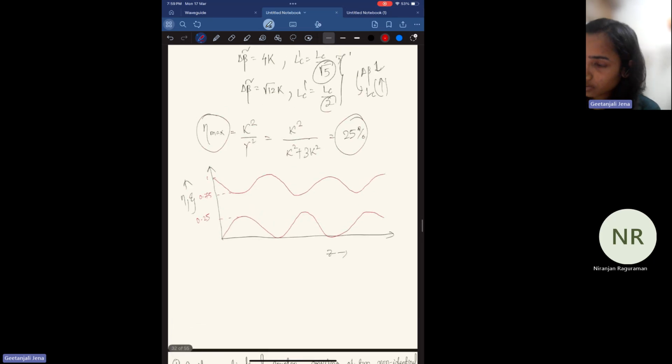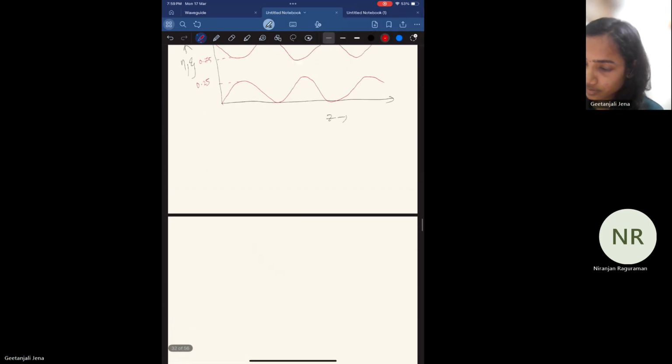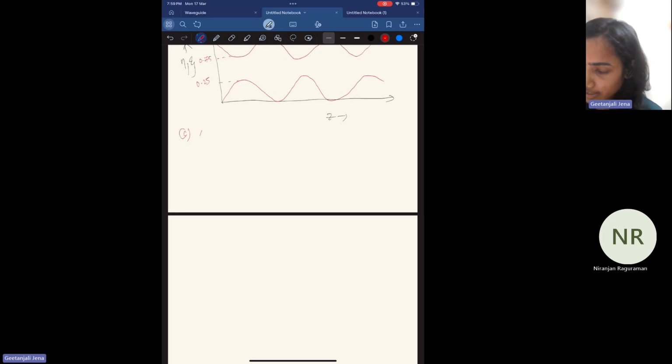Now for the third option, in the C part, it is now decreased further to 2 kappa. Delta beta will decrease. So LC prime will be pi by 2 kappa square, and this will also become kappa square. So this is pi by 2 root 2k, which is LC by root 2. So the LC is now increased further.